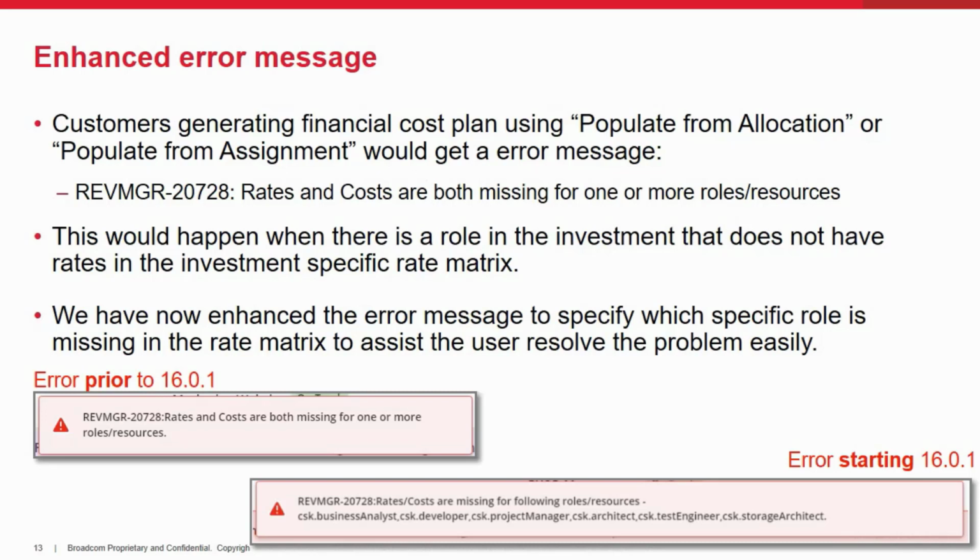We did not provide the name of the roles, and it was a customer request to enhance this error message to indicate which specific roles do not have the rate defined in the rate matrix. Starting 16.0.1, the error message will list out the exact roles that are missing in the rate matrix, due to which the cost plan could not be generated.